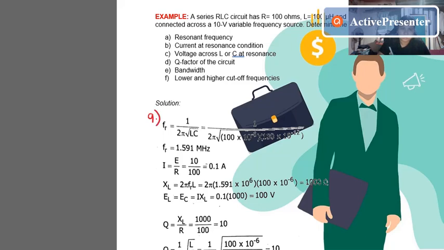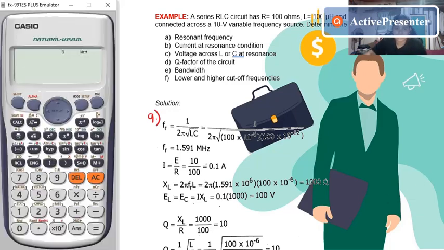Solving for resonant frequency, we use the formula 1 over 2 pi square root of LC. Since L and C are given, we can solve for the resonant frequency. So we have 1 over 2 pi square root of L, where L is 100 times 10 to the negative 6.